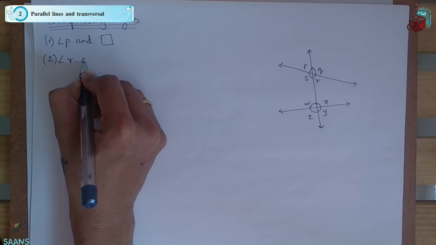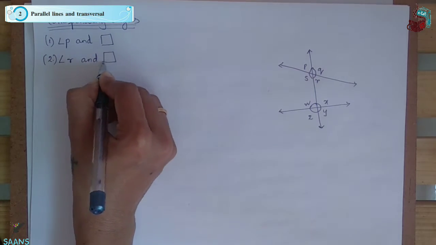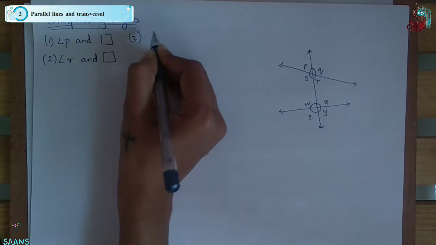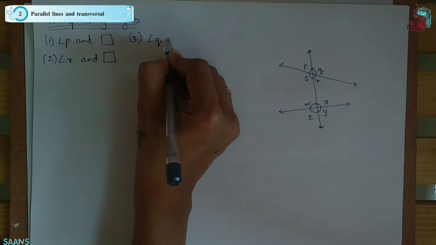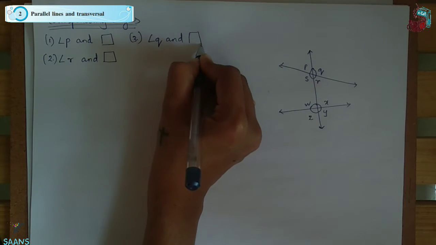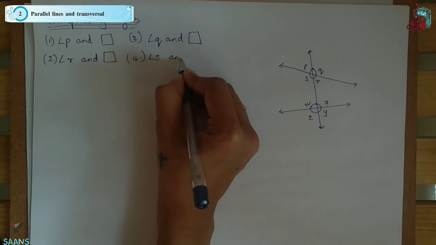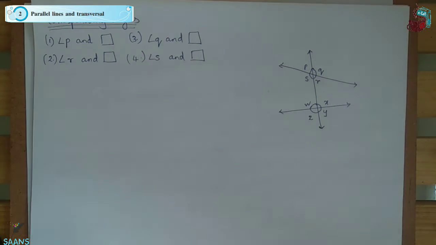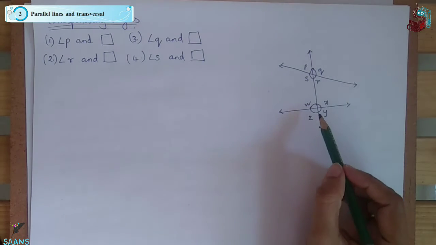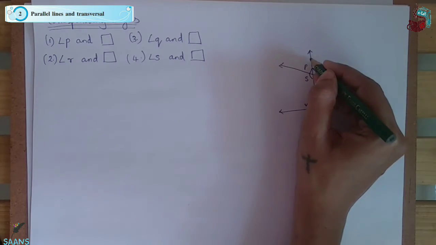Angle R and box. Third is angle Q and box. Fourth is angle S and we have the box. Okay, so in such a case, now I'm taking my crayon, but you all can also take it.